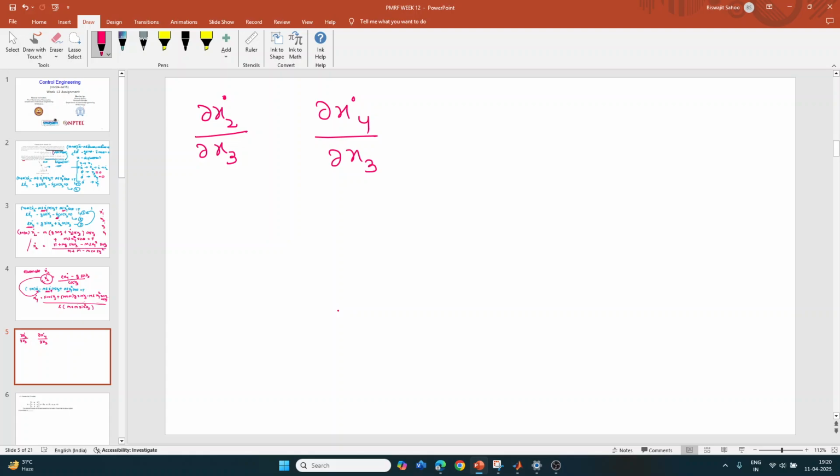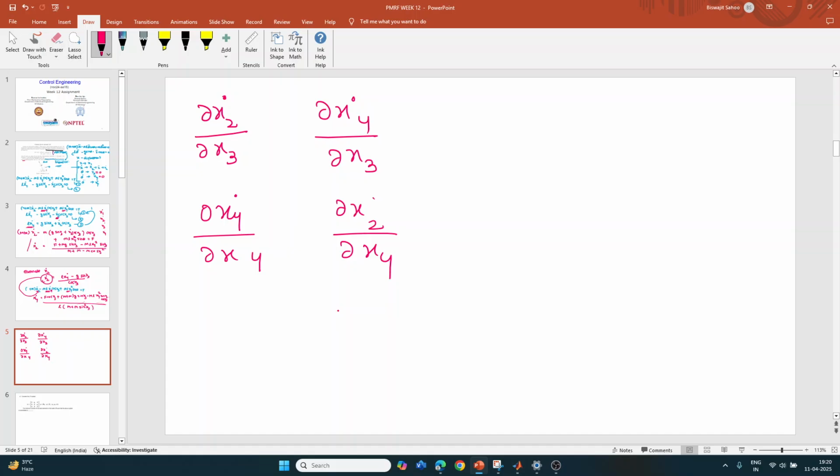Similarly you have to find out another two partial derivatives with respect to x4: x2 dot with respect to x4 and x4 dot with respect to x4. These four values you need to find out.